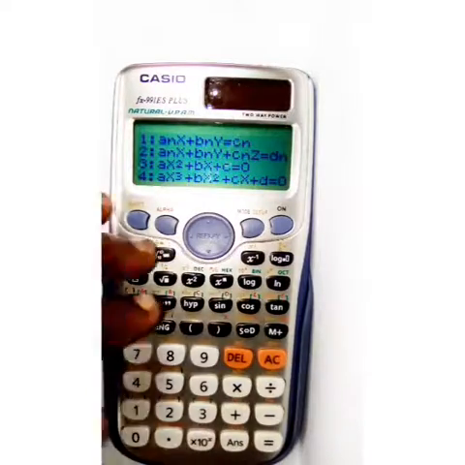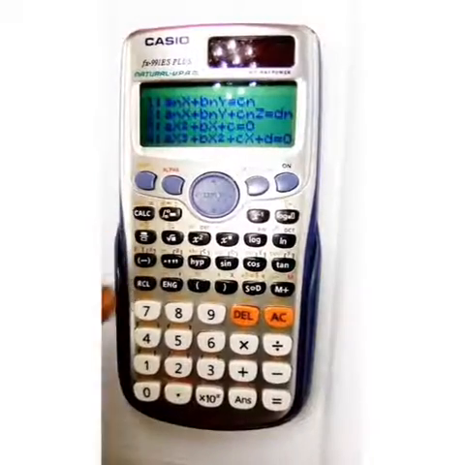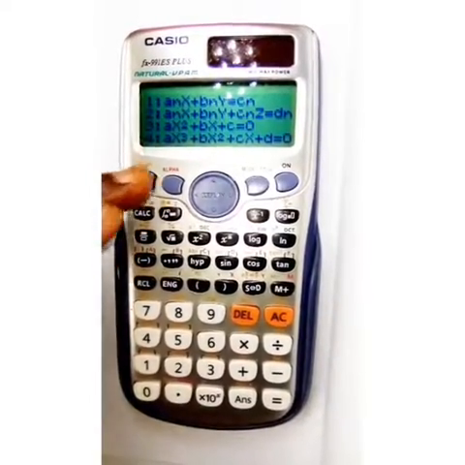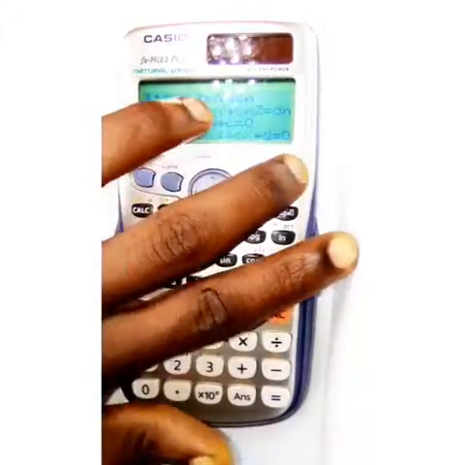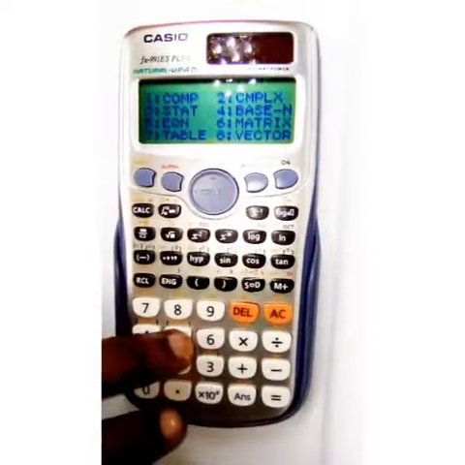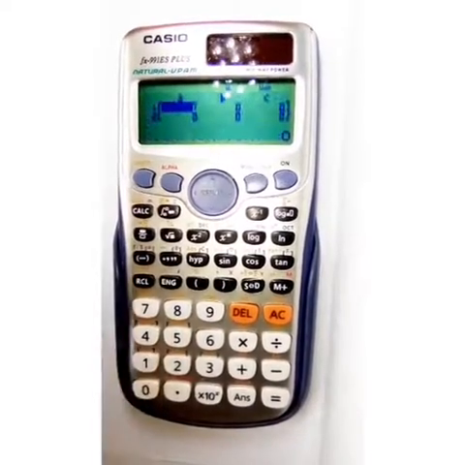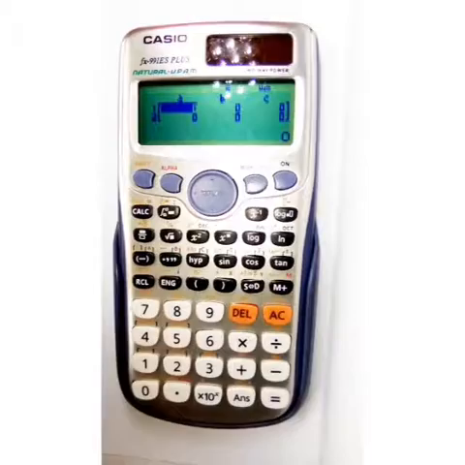So just stay tuned. Okay, I'll be going straight to the first one. Of course, you know how I got here. I simply went to mode equation, which is 5, punch 5, then the first one, which is simultaneous equation involving two variables.